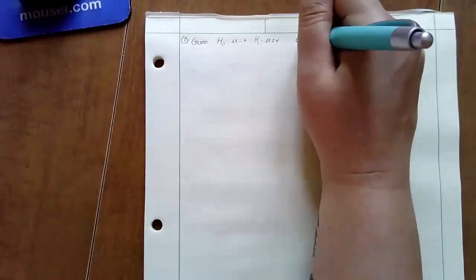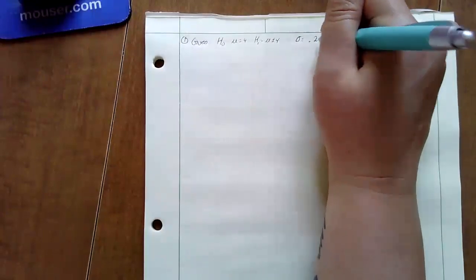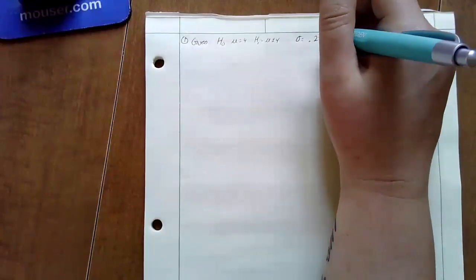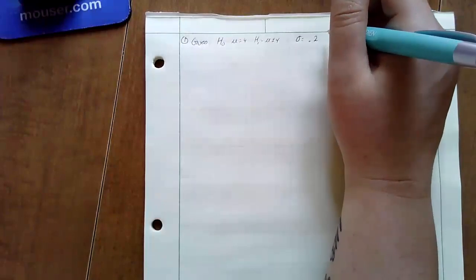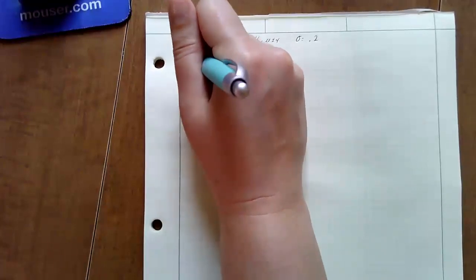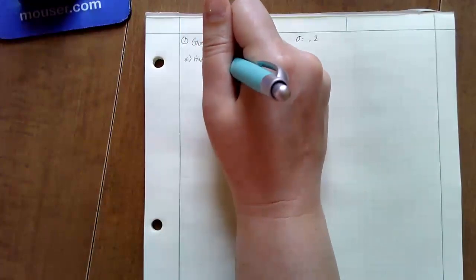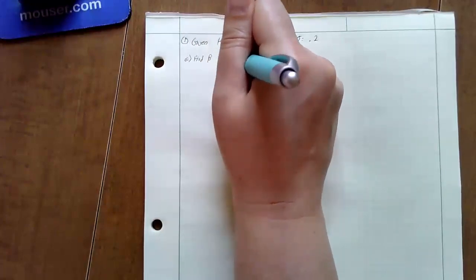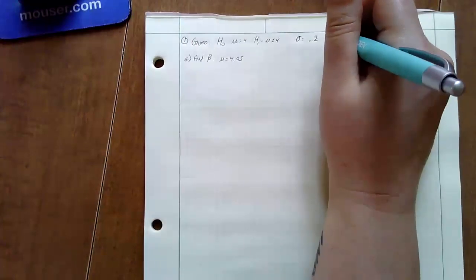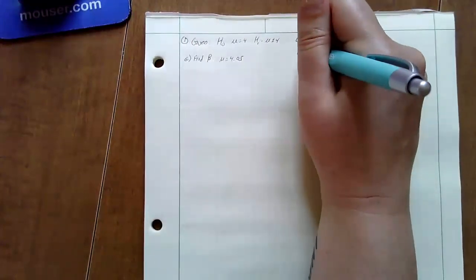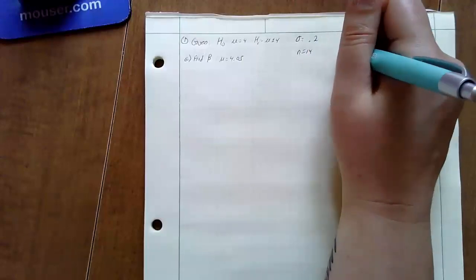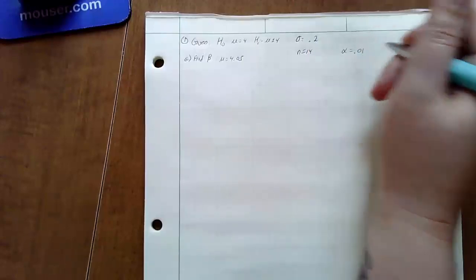We're given a standard deviation of 0.2, and we are told that we are going to try to find the type 2 error if the true mean is equal to 4.05. And we were given a sample size of 14, and an alpha of 0.01.